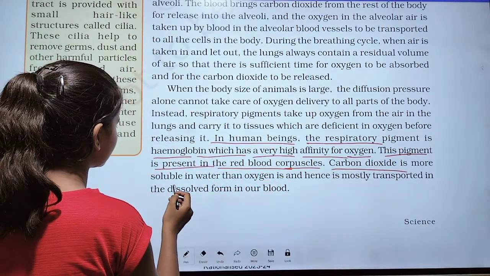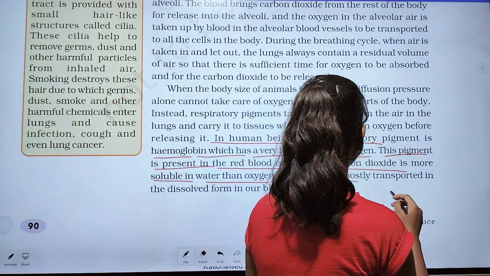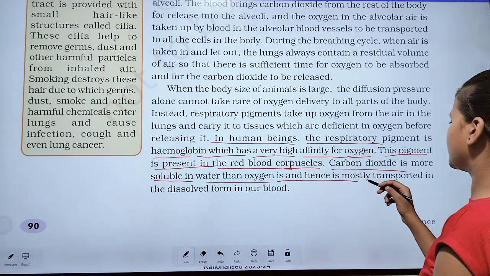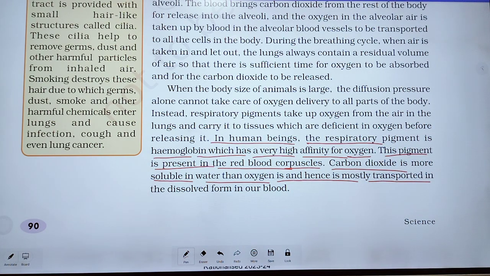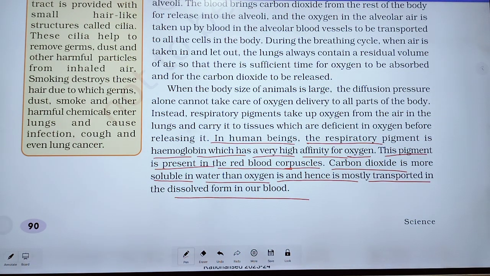Carbon dioxide is more soluble in water than oxygen. Hence it is mostly transported in the dissolved form in our blood.